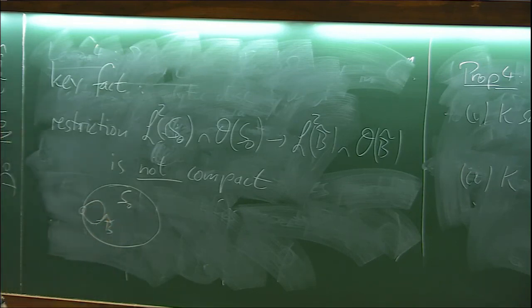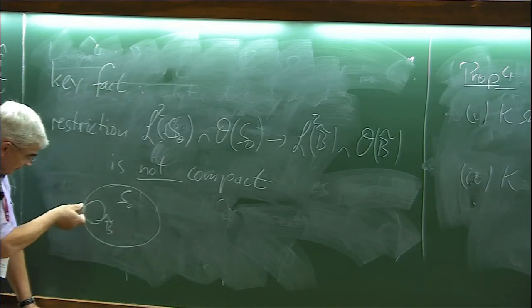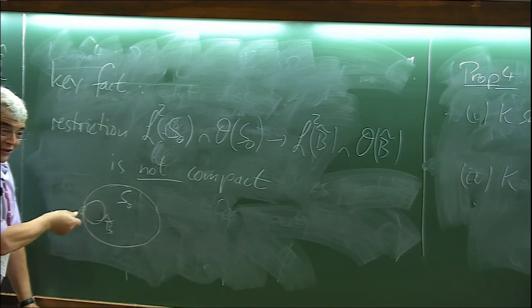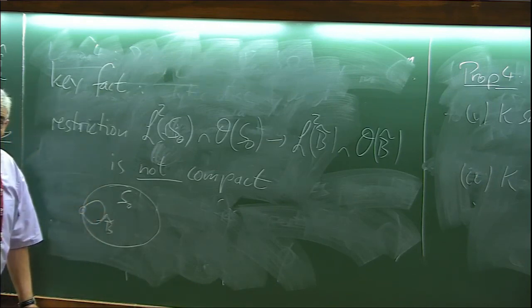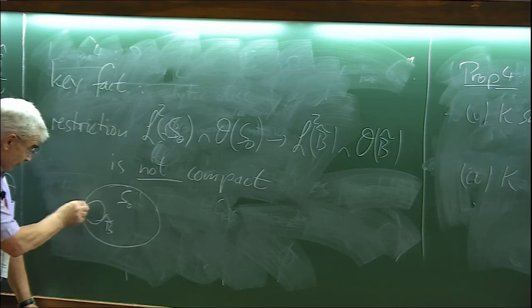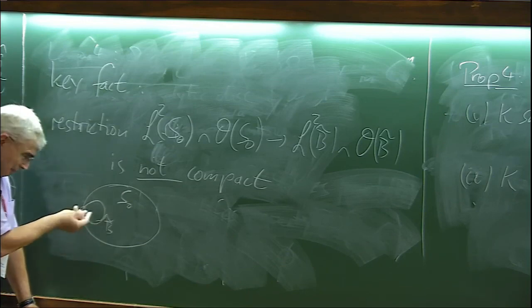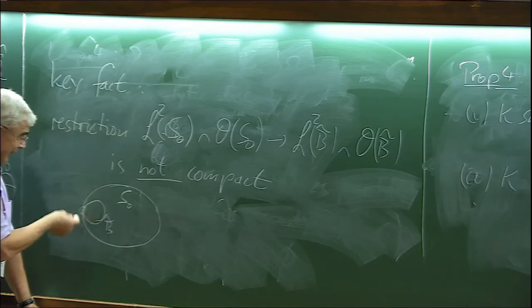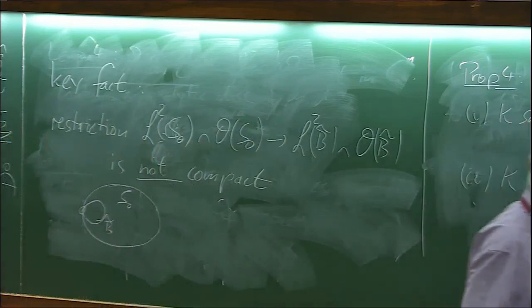When it's not relatively compact and it comes out to here, then the thinner it becomes relative to S0, the more likely the projection is to be compact. Or, in other words, if you make the S0 more flat, this is going to be thinner with respect to that more flat boundary, and so the restriction is more likely to be compact. So this goes in the wrong direction.